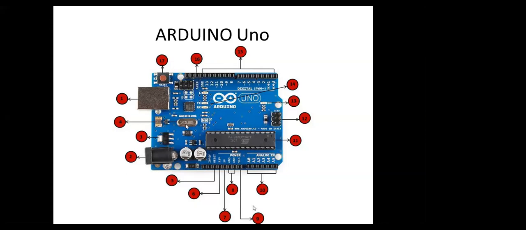Because here we are using 5 volts, a reference is required, connected to some external thing, which is used as the reference voltage. Okay, so this is a brief description of the Arduino Uno board.